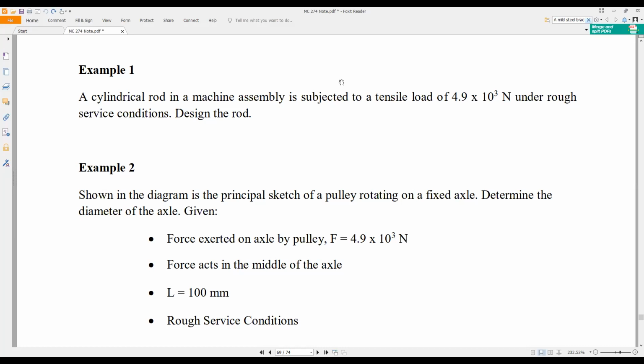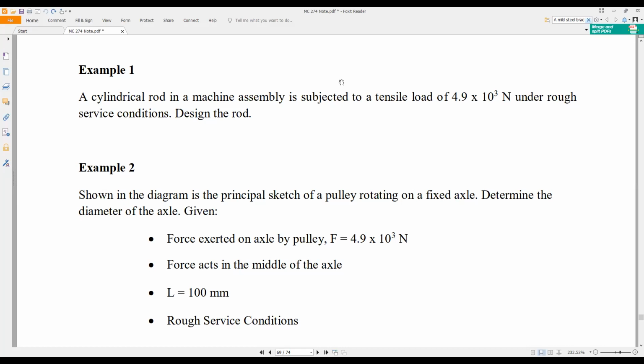This question, I would say, is not complete. To size a component or design a machine part, we need some information on the material used for the part. In this case, we know nothing about the material.